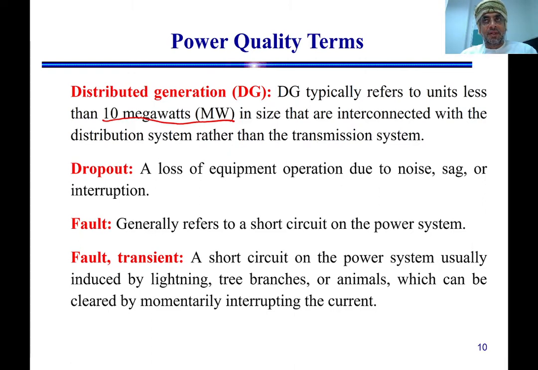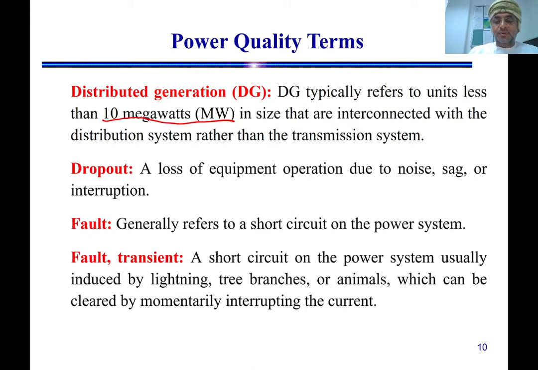So you could have lightning that hits the overhead line, or you could have, let us say, a snake that makes a short circuit between two phases, and then of course the snake will be killed in just a short period of time, and then the power system will come back to normal operation.